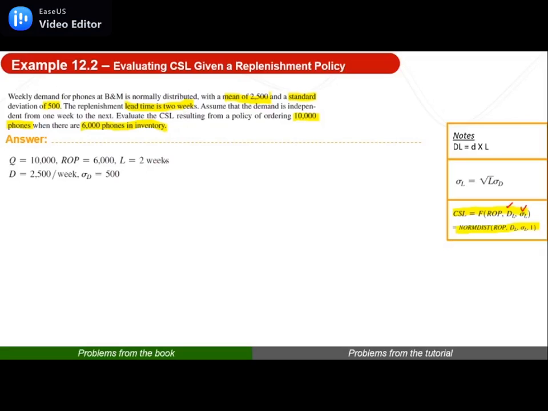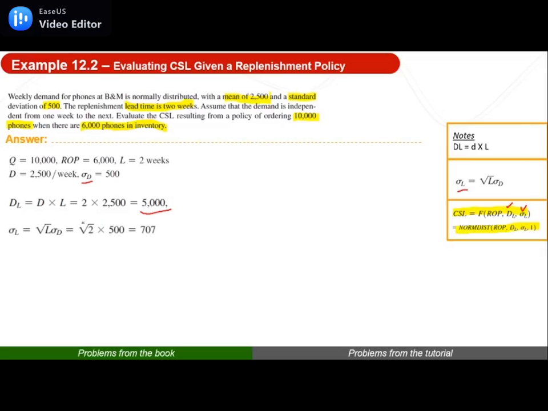What we know from the problem is the standard deviation of demand, and we don't yet know the standard deviation of the lead time demand. First we compute DL, that is 2 times 2,500, and we get 5,000. Just as simple as that.